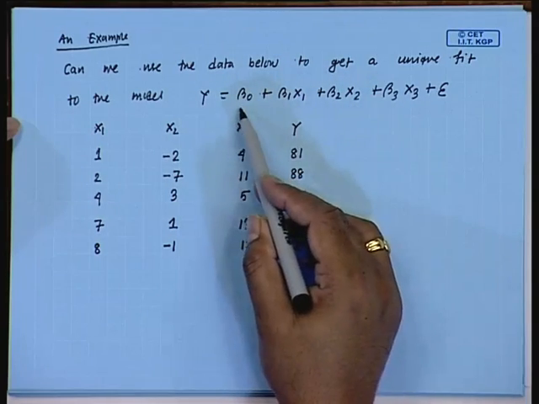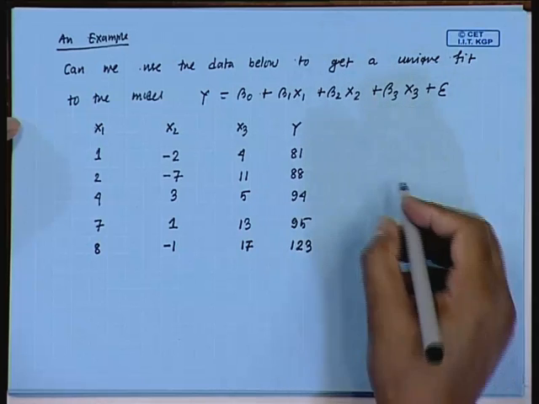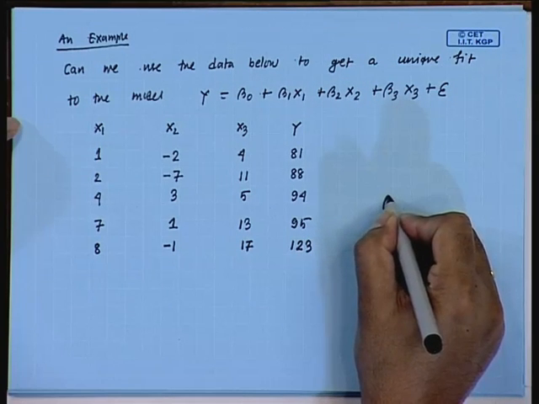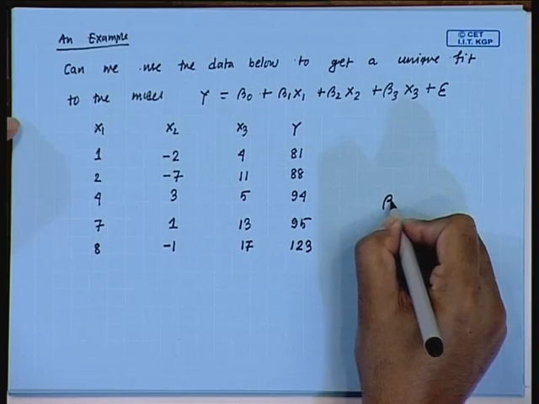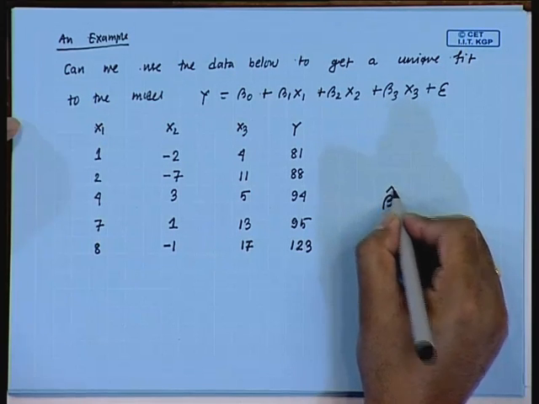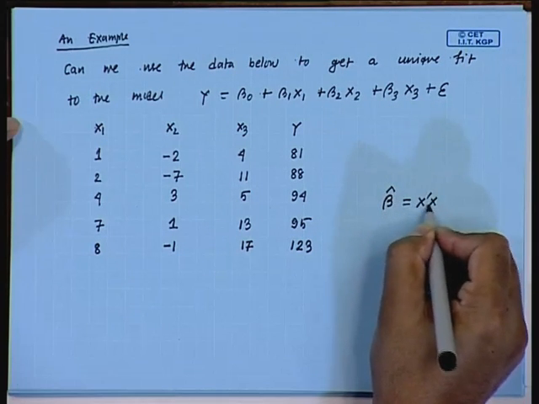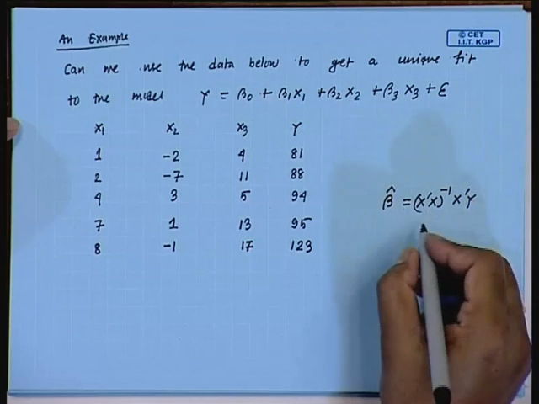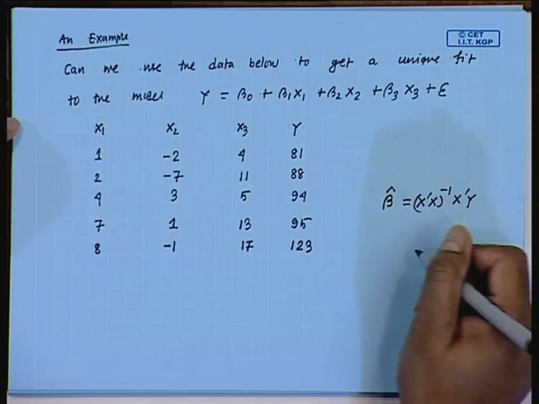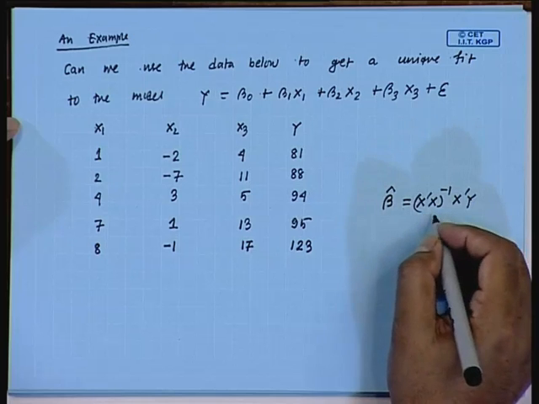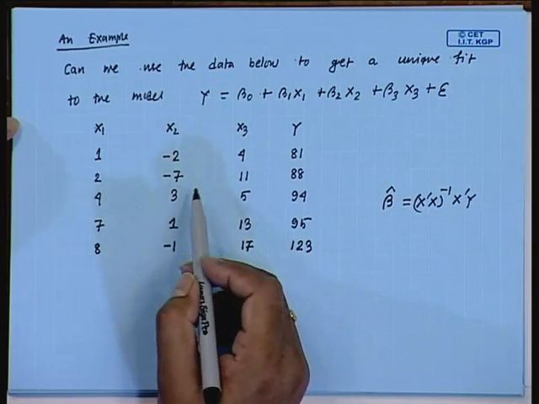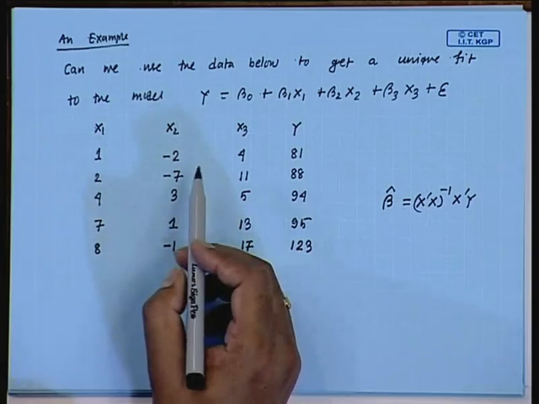That means we can estimate the regression coefficients using the least square estimate, that is beta hat equal to X prime X inverse X prime y, provided X prime X is not singular.